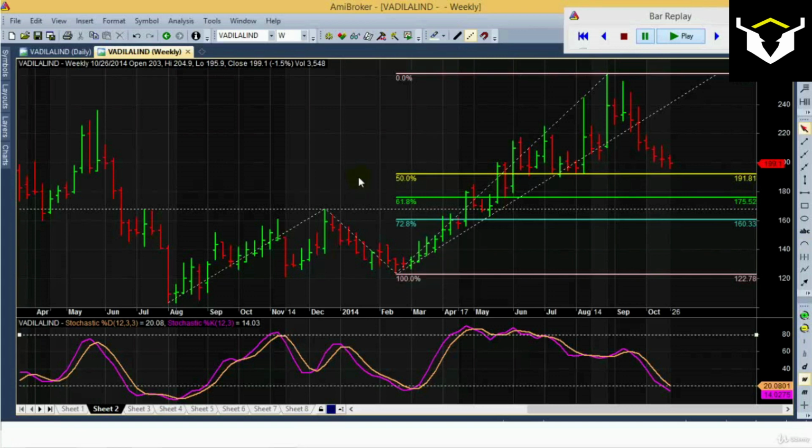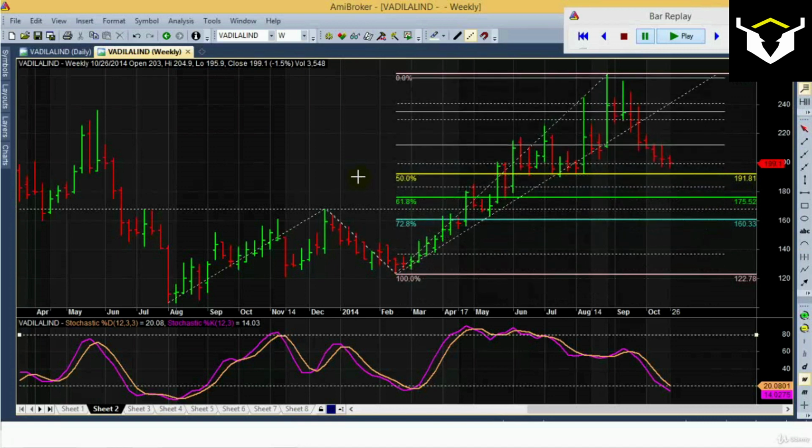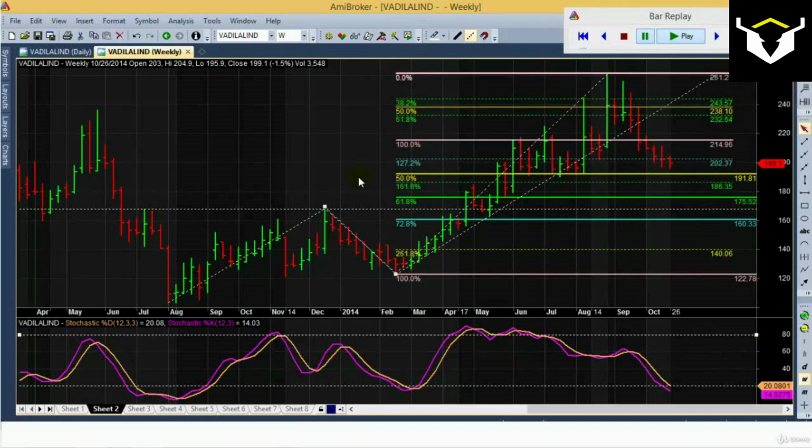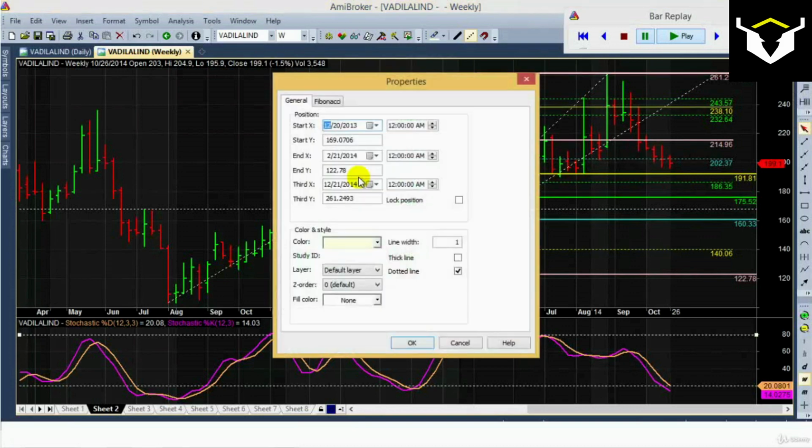As of the last bar, it looks like it is very close to 50% of wave 3. Next, we will plot the extension of wave 2. This is the extension tool. I'll first measure the distance of wave 2 and then I'll simply place it on the top of wave 3. There you can see different ratios have been plotted. I'll just clear the chart and remove the ones which are not important.